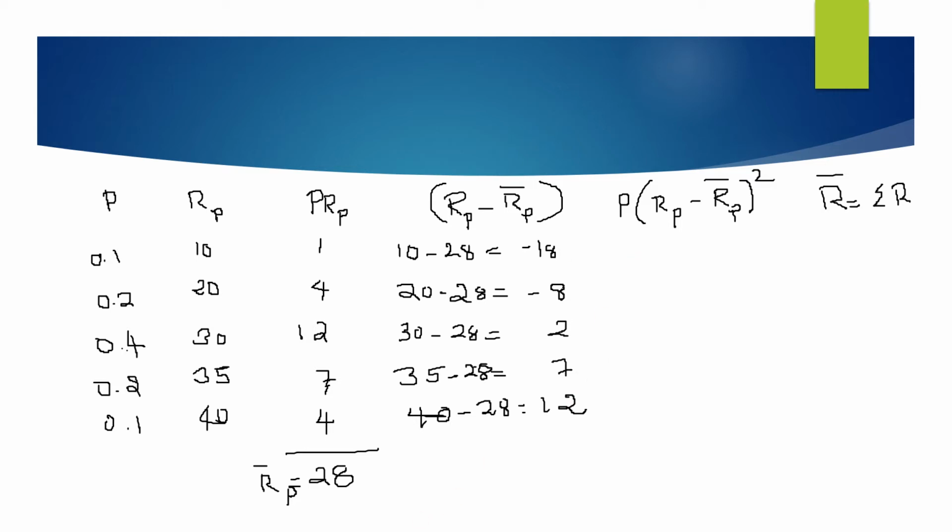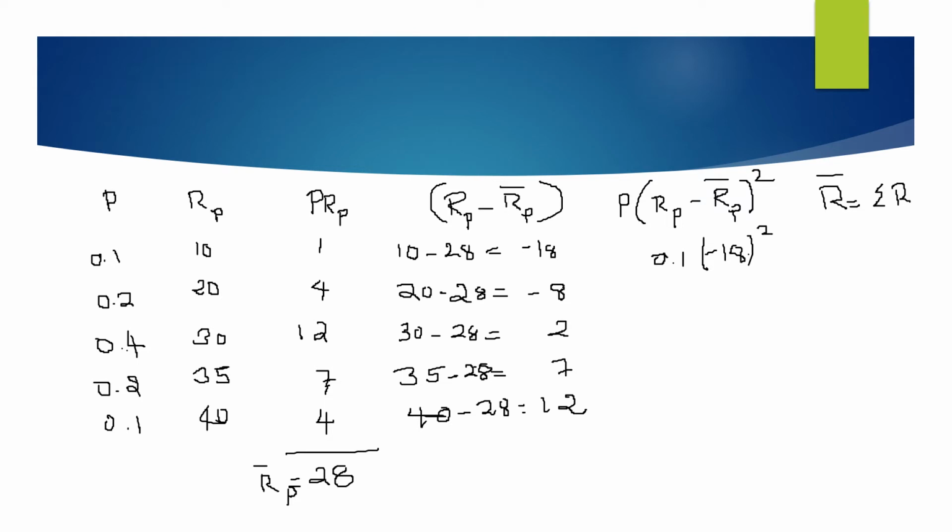For minus 18, P into (RP minus R bar P) the whole square: what is the P value here? 0.1. So 0.1 into minus 18 the whole square.